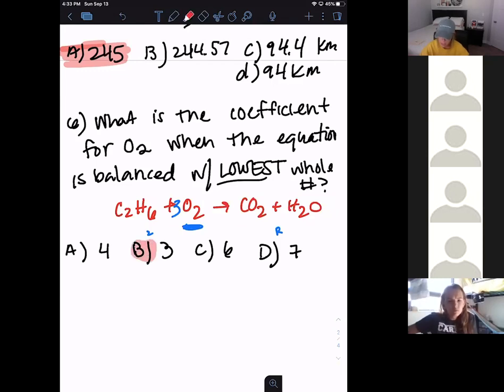So the answer is B, 3, not 6. 6 is the total number of atoms. We were looking for the coefficient to balance it. Got it? So please make sure you're reading these questions. I saw so many people pick 6. It broke my heart. Yes, there are 6 oxygens and 6 oxygens, but that's not what the question is asking. It's asking for the coefficient to balance the equation. Okay?